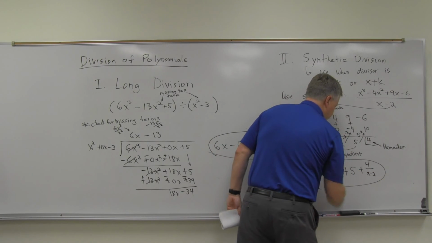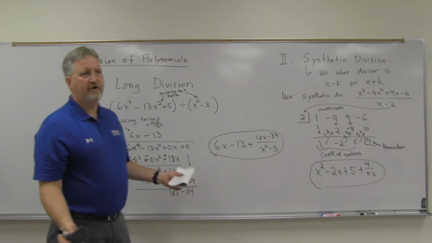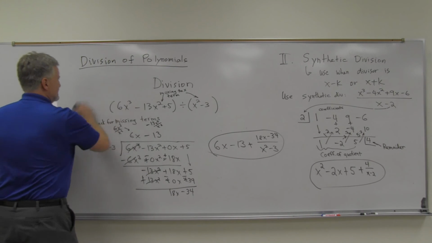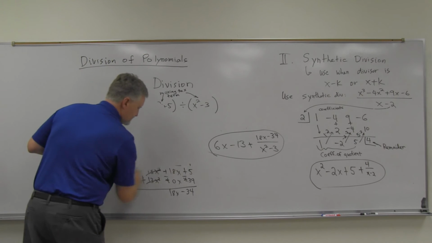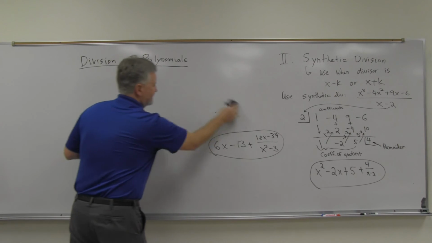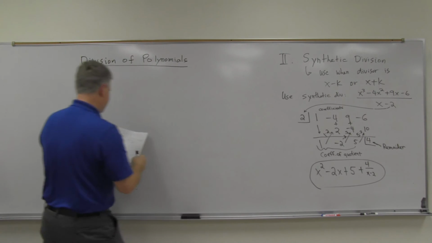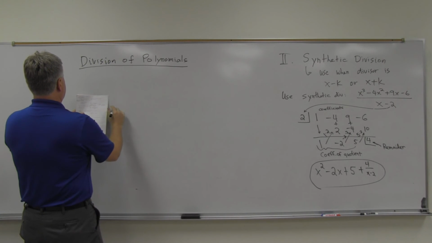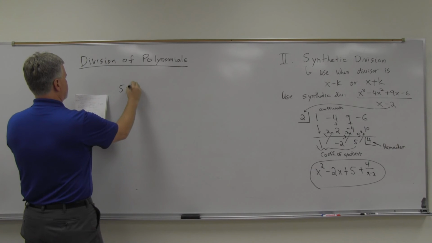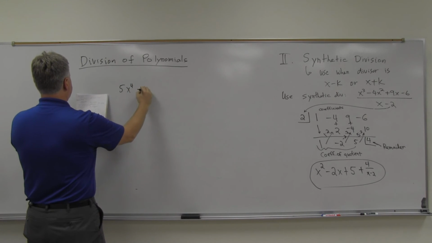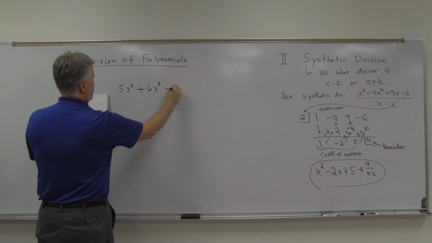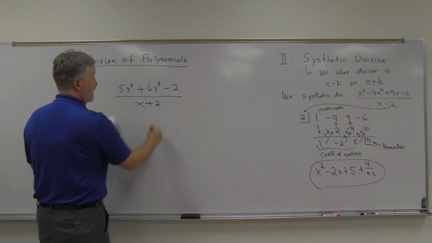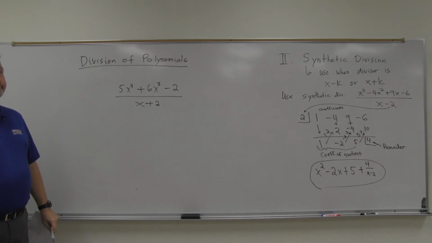Okay, so it simplifies the process, and once we get it going, it's a little quicker. Let me do one more of those and I'll be done. How about 5x to the 4th plus 6x cubed minus 2, divided by x plus 2. Can I use synthetic division on that? Yes.